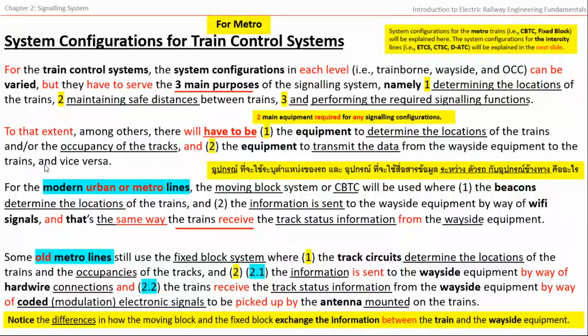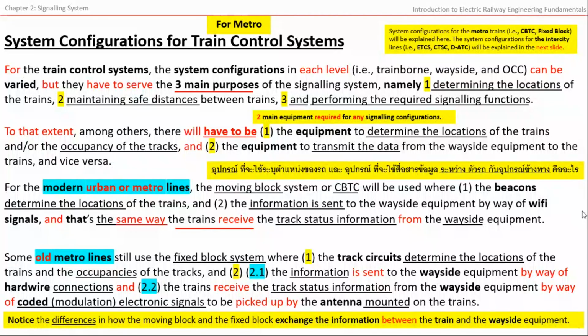For the modern urban or metro lines, they use moving block system or CBTC for the signaling system. And to determine the locations of the trains, they use signal transmitters like beacons. And the information will be sent from the train to the wayside equipment by way of Wi-Fi signals.